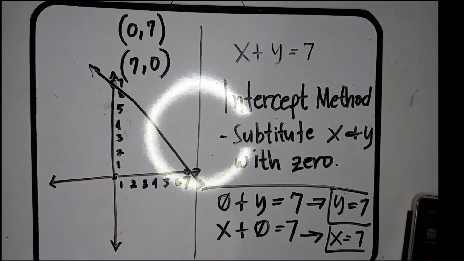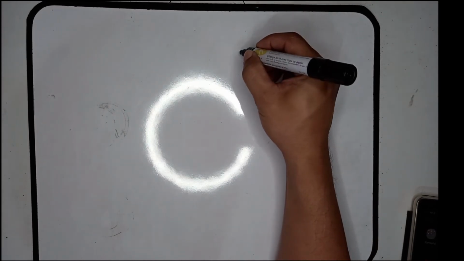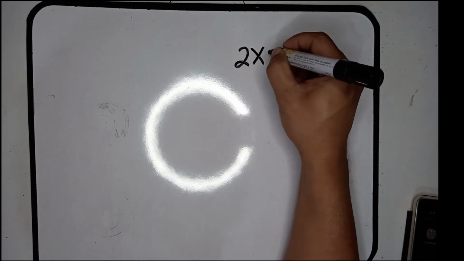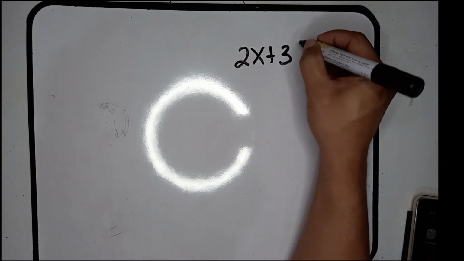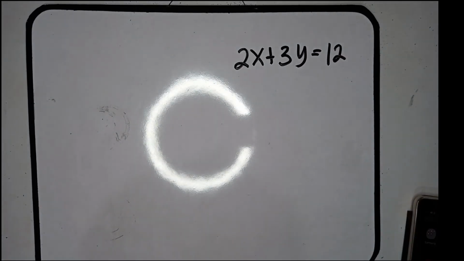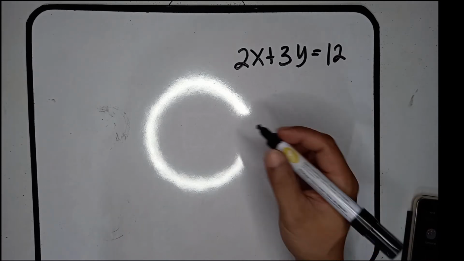Okay, so that's how you use the intercept method. Okay, let's have another example. Let's say we have 2x plus 3y equals 12. So again, by using this intercept method, we start with x and replace it with 0.